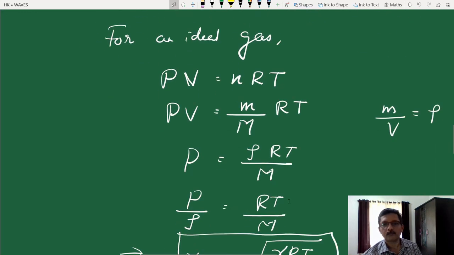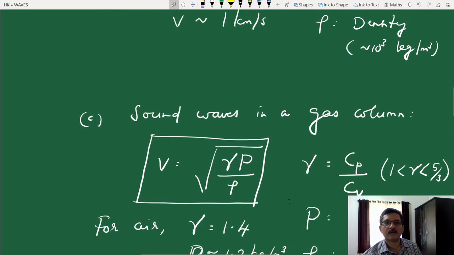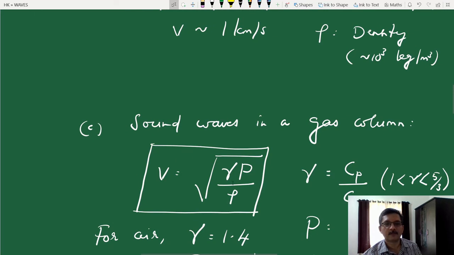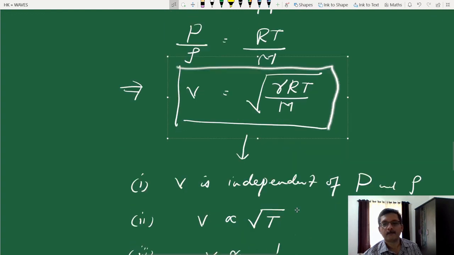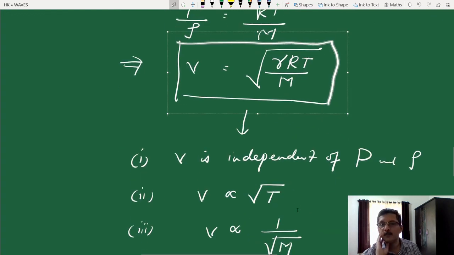And in a gas column, you can rewrite the formula in different ways. Velocity is the square root of gamma P by rho, where P is pressure and rho is the density, and you can write it like this also, the square root of gamma RT by M. So this shows that velocity is independent of pressure and density. It depends on the square root of temperature, inversely proportional to the square root of molecular mass.